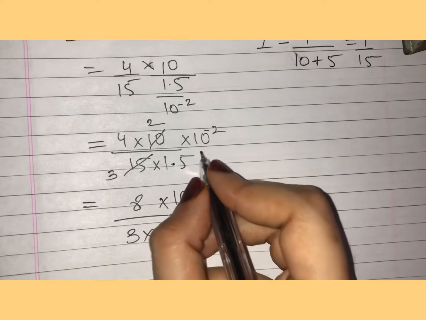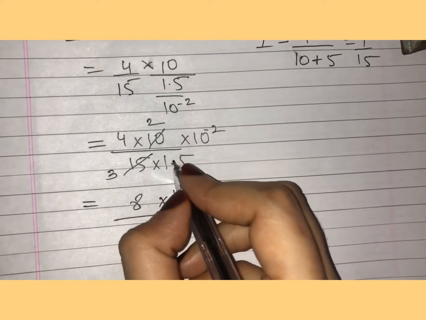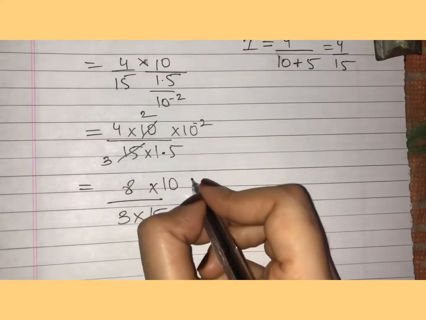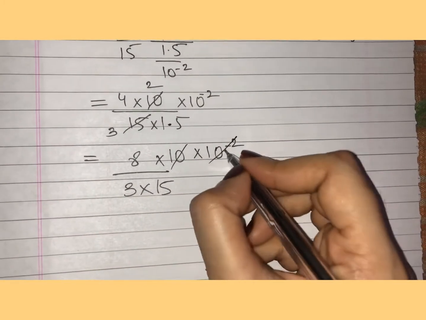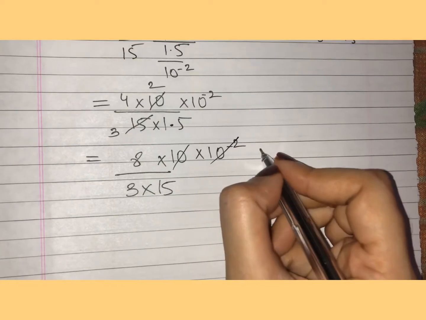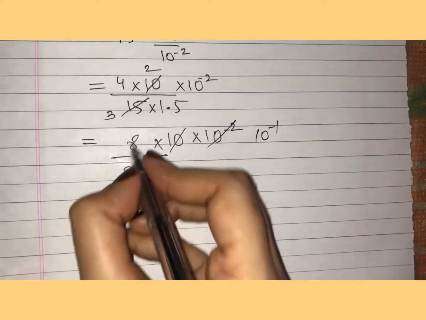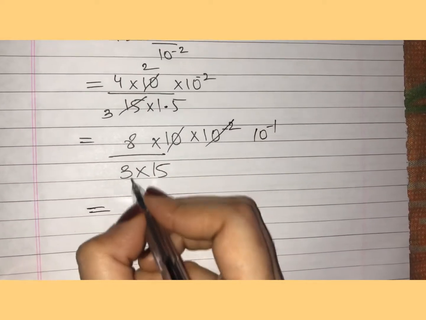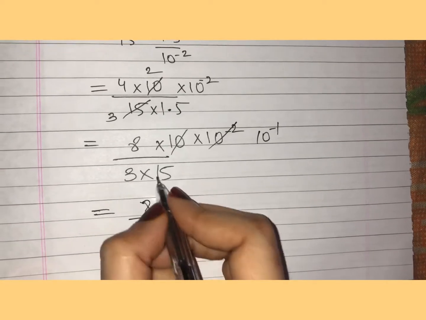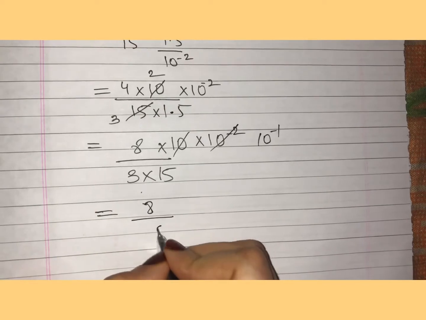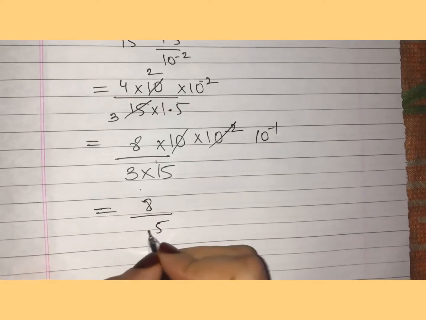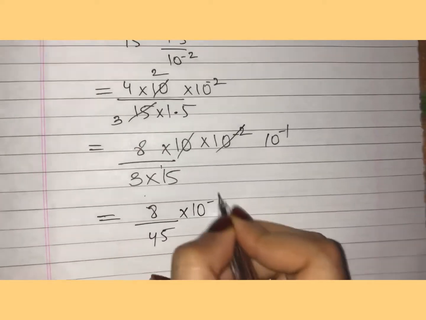So you can remove this point by multiplying 10 in the numerator, into 10 raised to minus 2. So this 10 and 10 raised to minus 2: 1 minus 2 is minus 1, so 10 raised to minus 1 remains. Now it is 8 upon 3 into 15. 3 into 15 is 45, into 10 raised to minus 1.